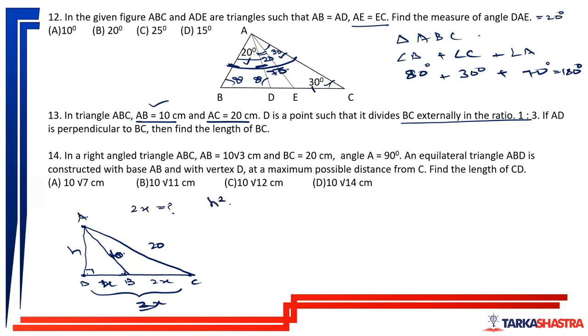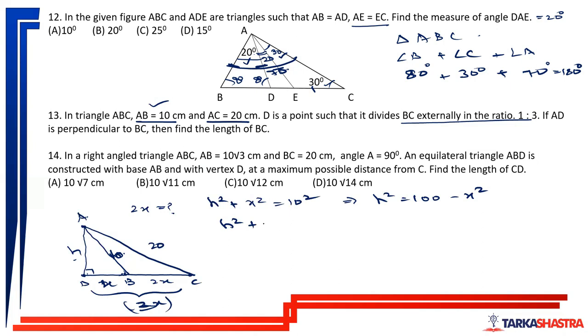I know that H square plus X square is equal to 10 square. By Pythagoras theorem, H square plus X square is equal to 10 square, which gives me H square is equal to 100 minus X square. Also, I know that H square plus this is 3X square, right? This is 3X.